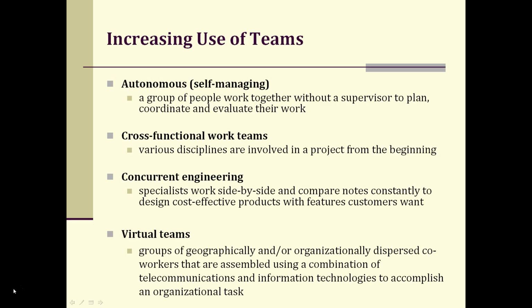With cross-functional work teams, various disciplines are involved in a project from the beginning. In a process called concurrent engineering, the once isolated specialists now work side by side and compare notes constantly to design cost-effective products with features customers want.